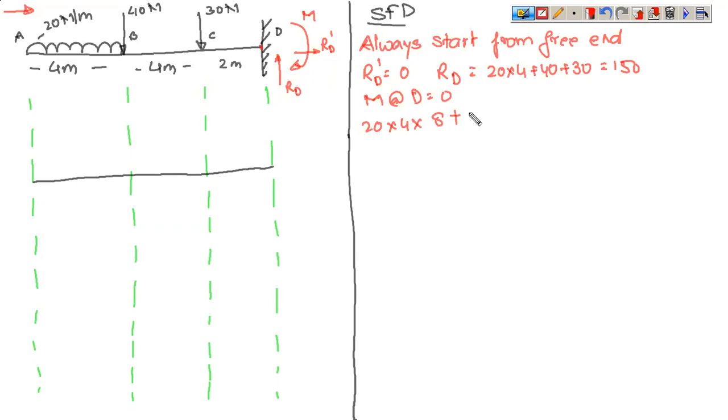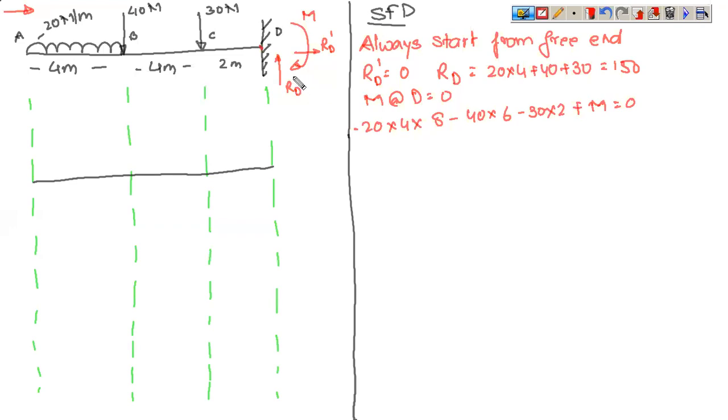This is in anti-clockwise direction, so this is minus. This will also be minus 40 into 6, minus 30 into 2, and this is a clockwise moment. So this is plus M is equal to 0.